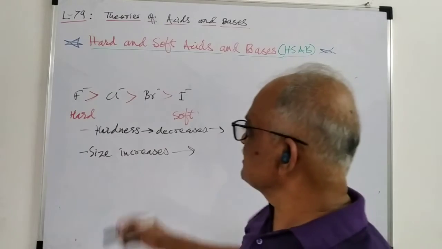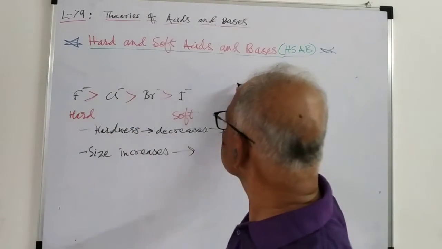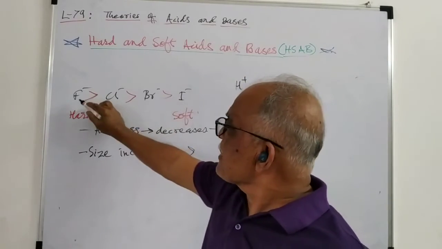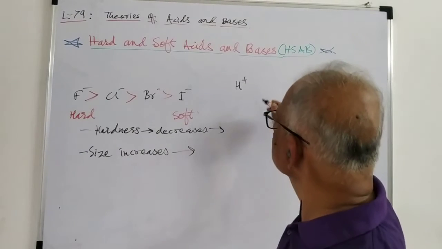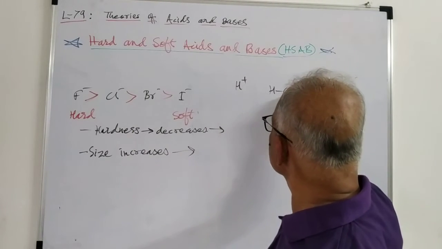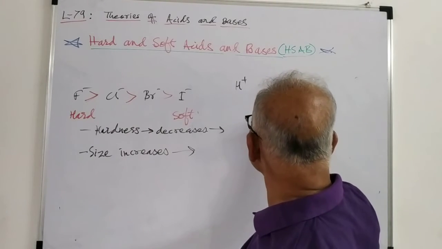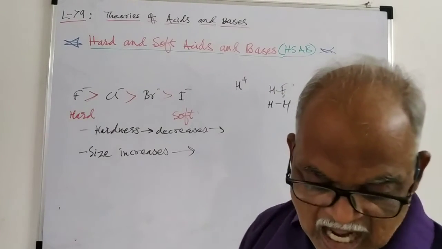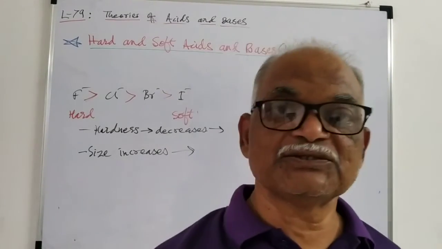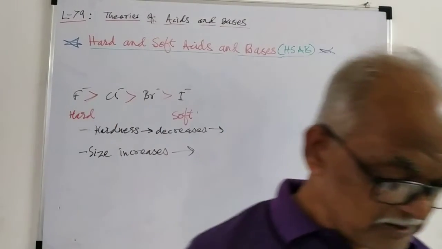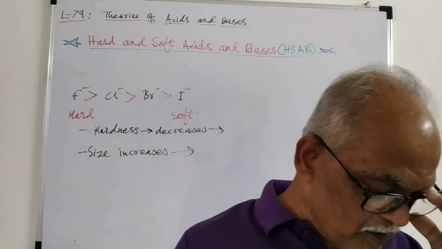So if we consider the interactions of all these with H plus, then H plus and F minus are both harder species. So in case of HF, this is hard, this is also hard, meaning both are hard species, and therefore they show strongly ionic character.